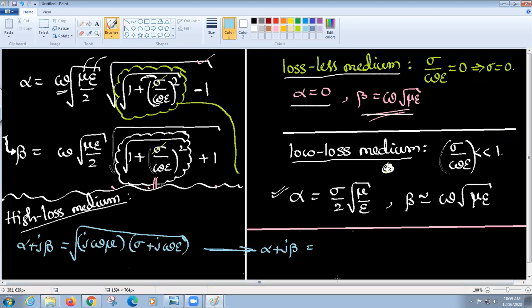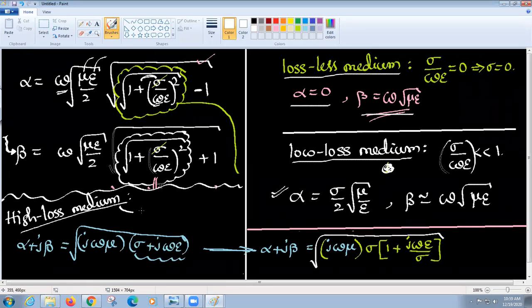Let me take j omega mu, and from the other bracket I'll take sigma common. If I take sigma common, I have sigma times 1 plus j omega epsilon by sigma. But why are we taking sigma common there? Because in a high loss medium, the loss tangent is far greater than 1.